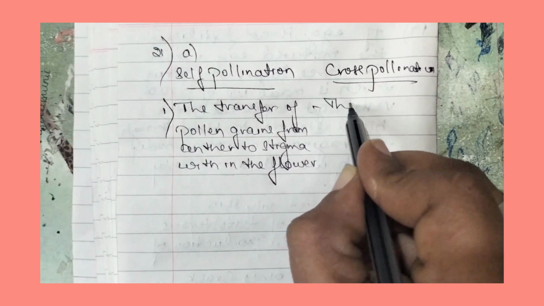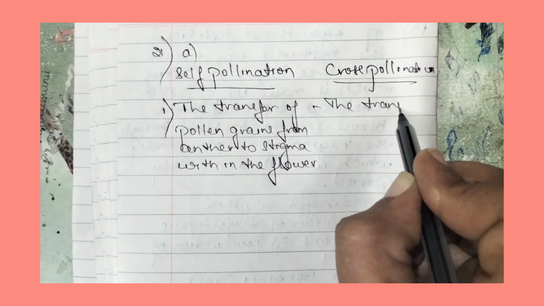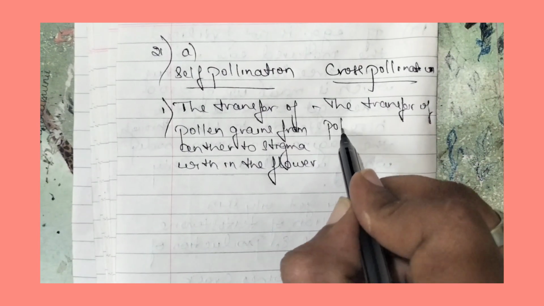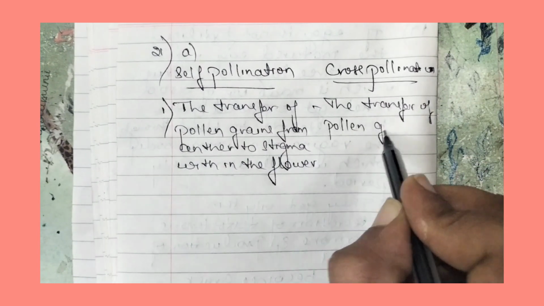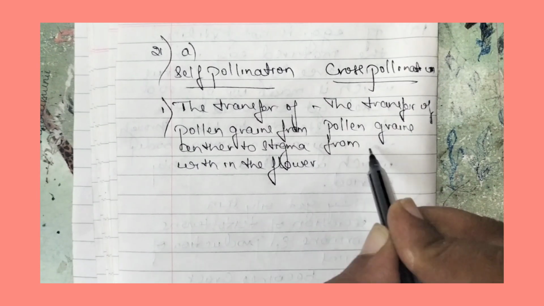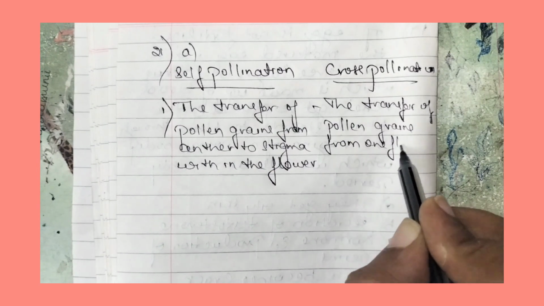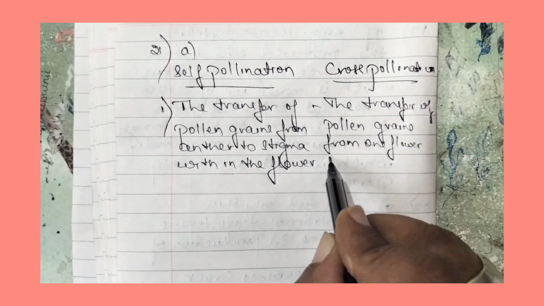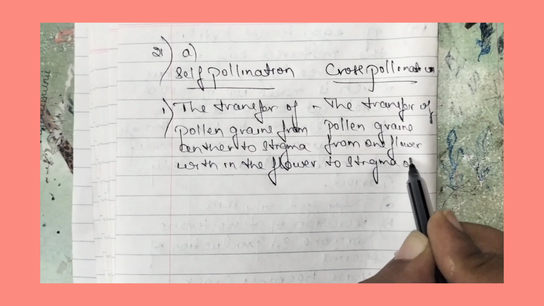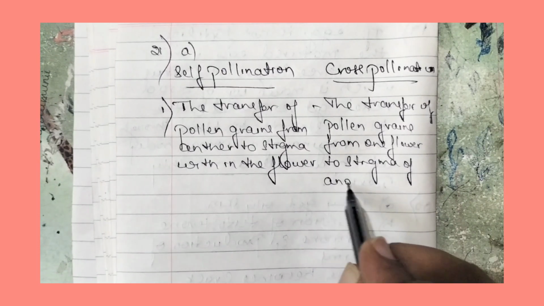Cross-pollination is the transfer of pollen grains from one flower to the stigma of another flower.